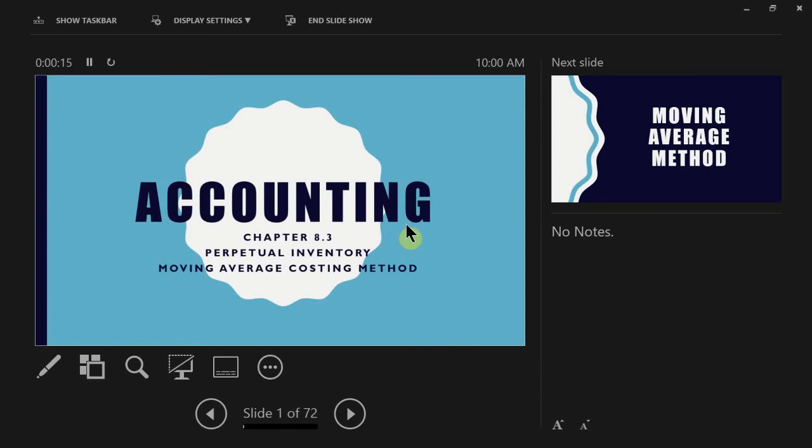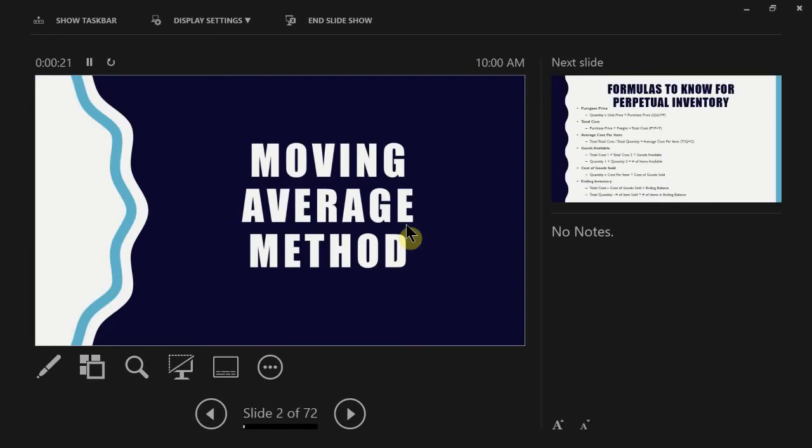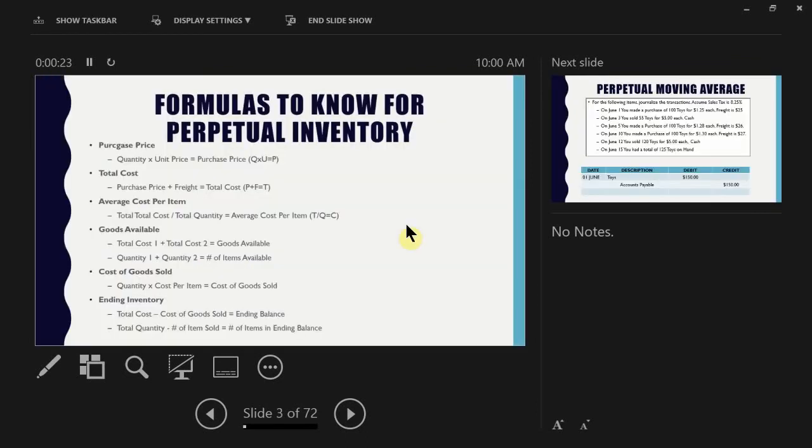Now we're going to be looking into the moving average costing method. As you remember, it's similar to weighted average, except for one difference. To calculate the cost per item, just like periodic, we don't calculate a cost per item anymore, because we need to take an average.